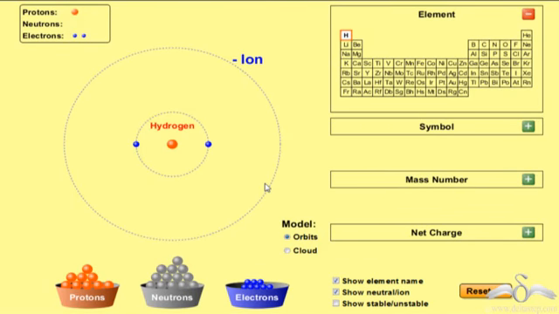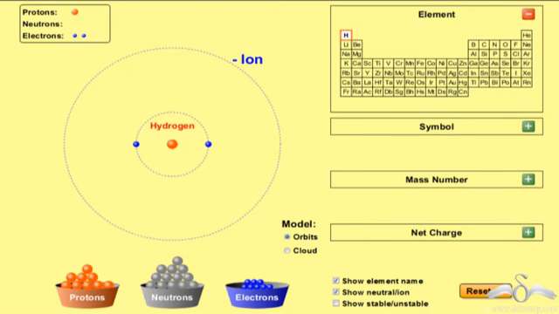So when I add 1 more electron to it, we see that it still remains hydrogen. The element remains the same, but since an electron is increased, the total number of negative charges is more, that is, it becomes a charged species, so it becomes an ion. Since the number of negative charges is more, it becomes a negatively charged ion.